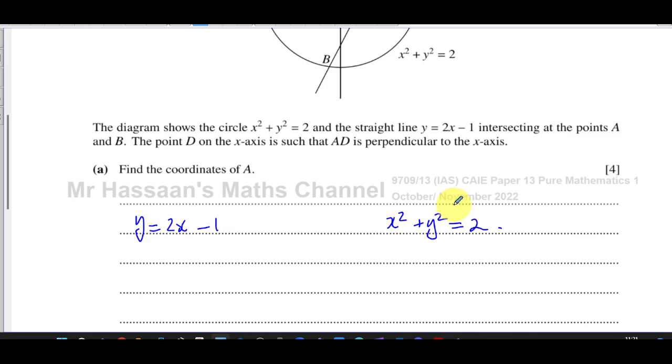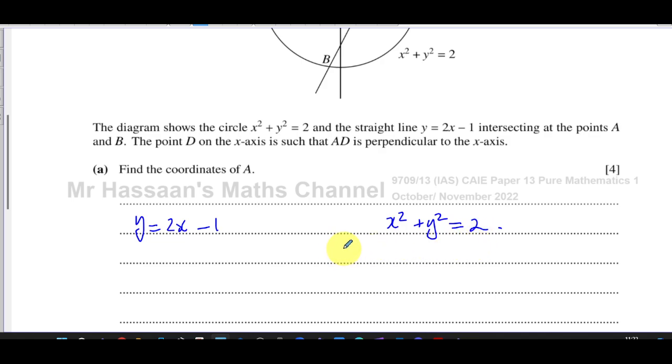People often say we solve equations simultaneously by equating the two equations. I don't like using that particular terminology because in a question like this, it breaks down. It doesn't make things easy.